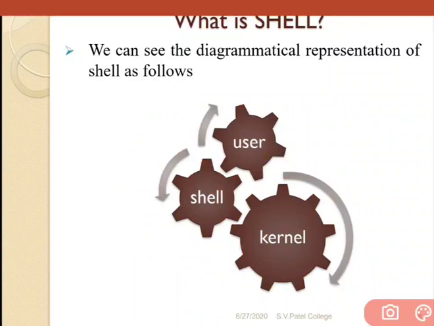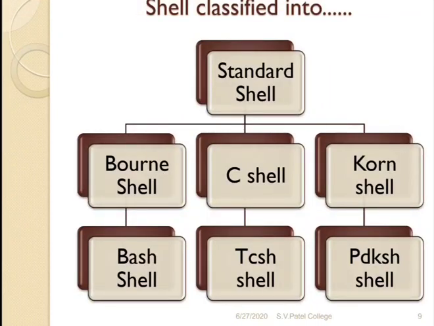Next, shell is classified into the following three types: Bourne shell, C shell, Korn shell. These are the three basic types of shell.